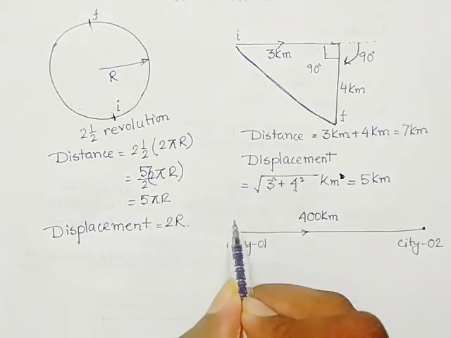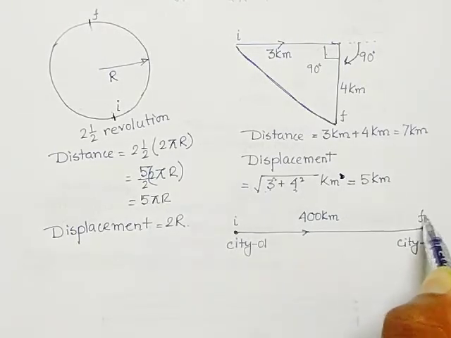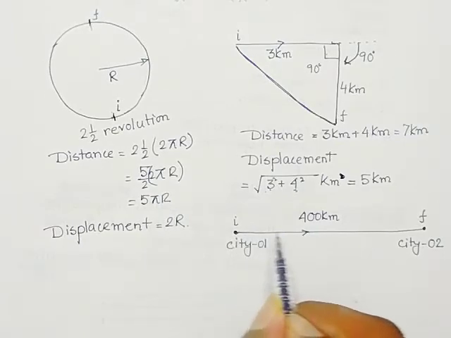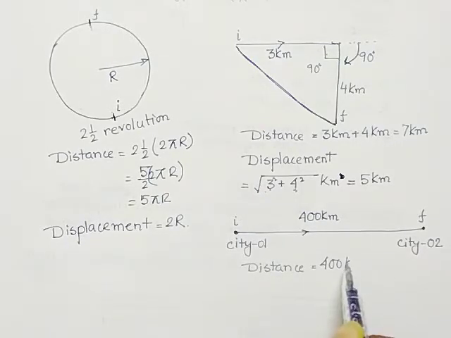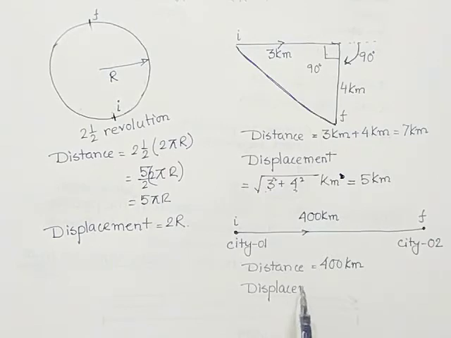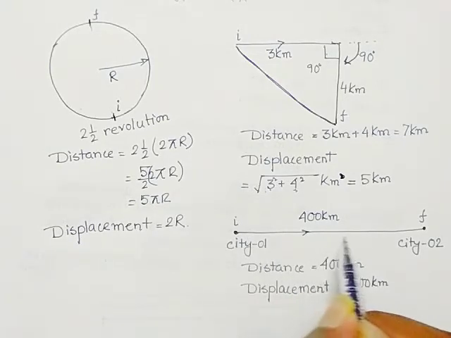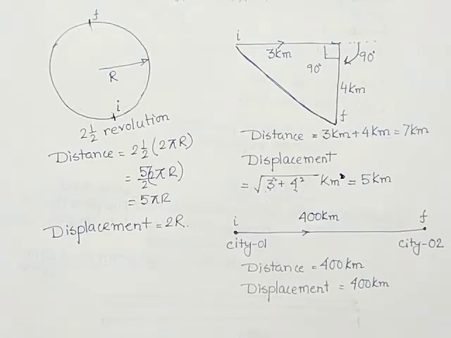In this case, this is the initial point, this is the final point. The actual path covered by this cab, that is the distance, is 400 kilometer here, and the displacement is also 400 kilometer, because this is the straight line distance between the initial point and the final point.